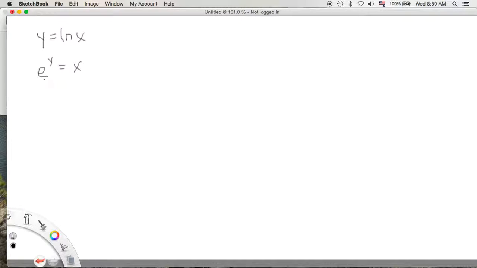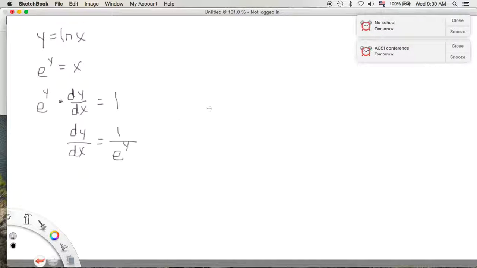So we take the derivative of this side, which the derivative of e to the u is just e to the u times du dx. So instead of u here we have y, but same type thing. What's the derivative of x? Just 1. So the derivative is 1 over e to the y.